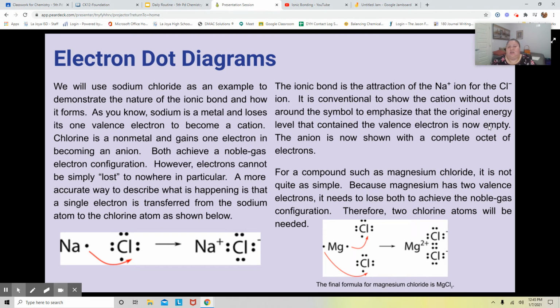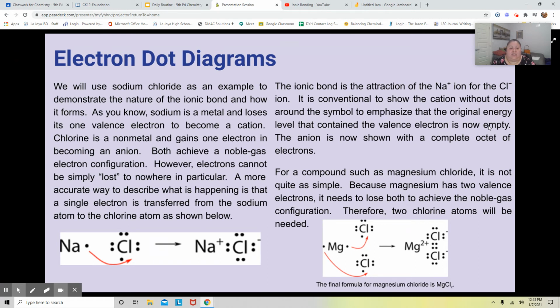In this case, chlorine already has 7. It only needs to gain one more. And it's going to gain it from sodium, as you can see in the picture below. Both achieve a noble gas electron configuration when they lose and gain, right? Once they become cations and anions, both have a complete octet in that outer energy level.